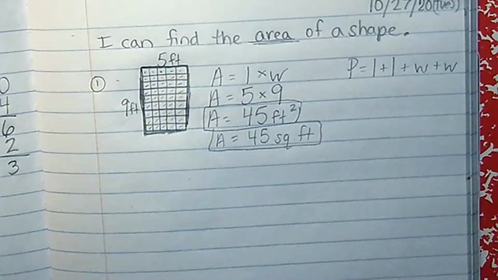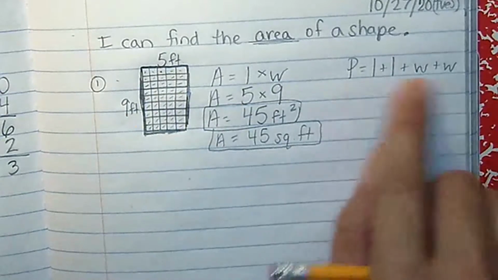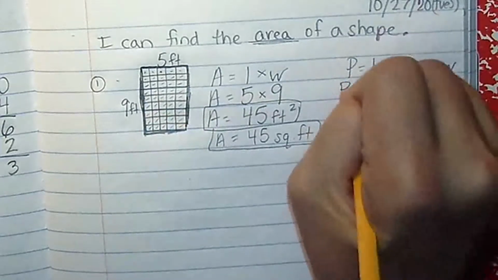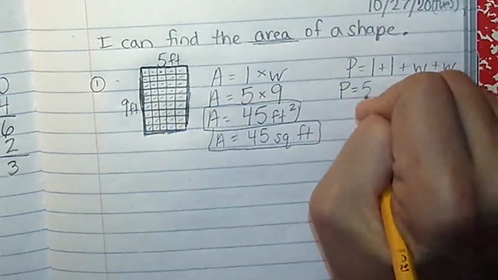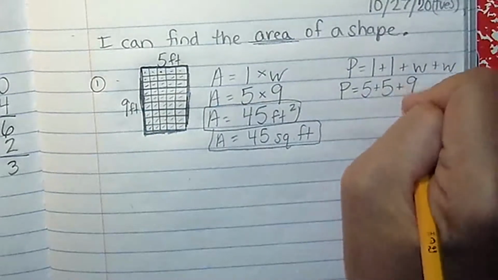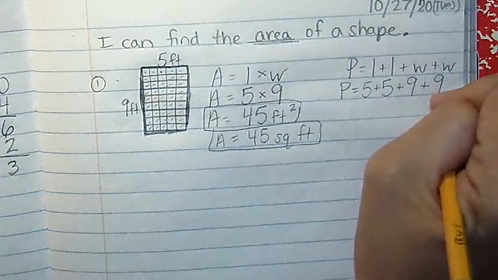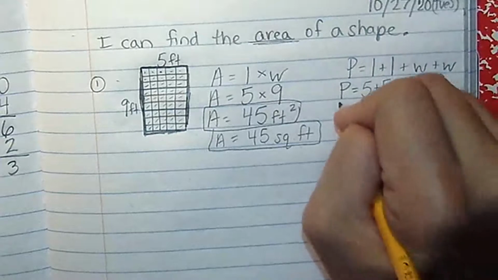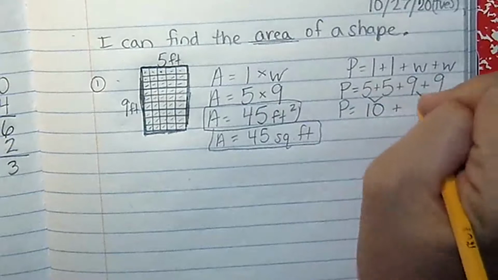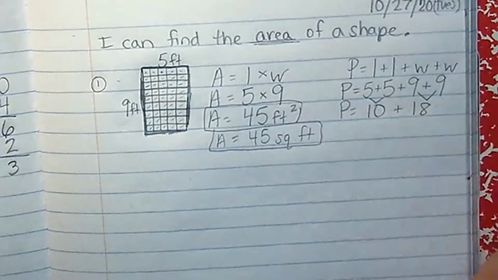Now look, just to prove something to ourselves, let's go ahead and find the perimeter for this shape as well. The perimeter equals length plus width plus length plus width. The perimeter equals 10 plus 18.